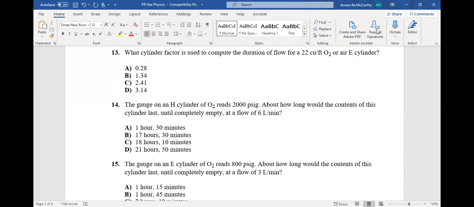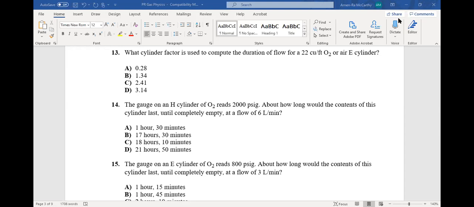Miss Tabor. Put it in the chat for me, Miss Tabor. 0.28. Good job. 0.28 is the cylinder factor for an E cylinder.